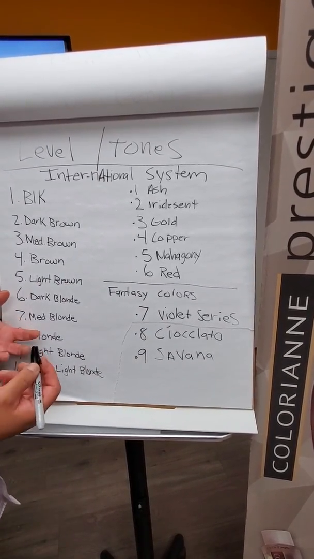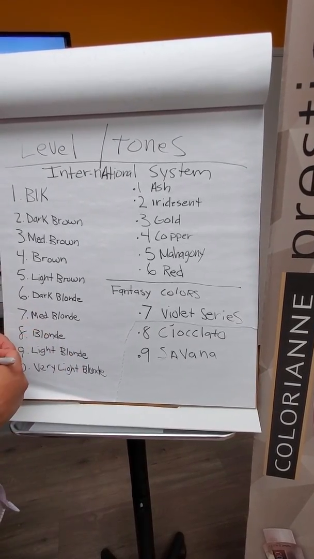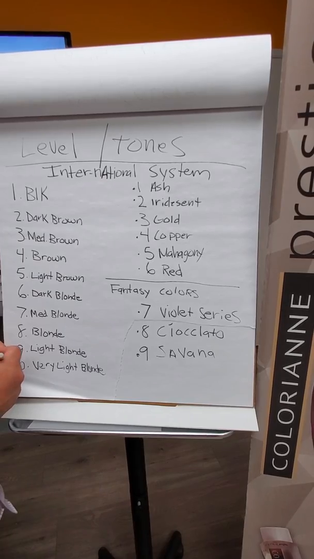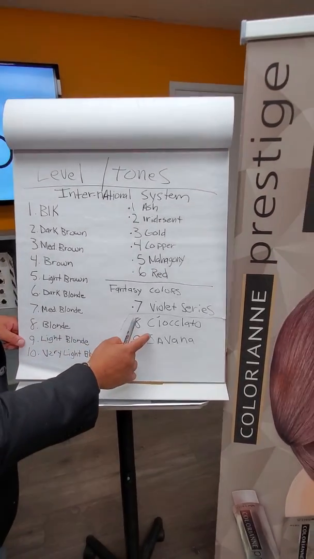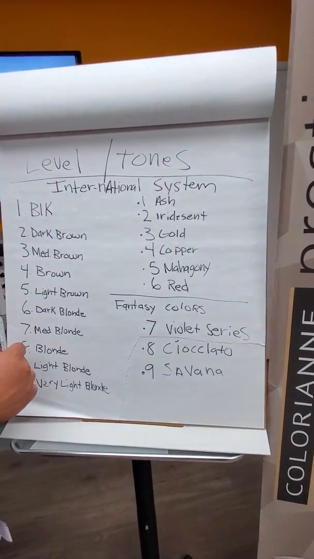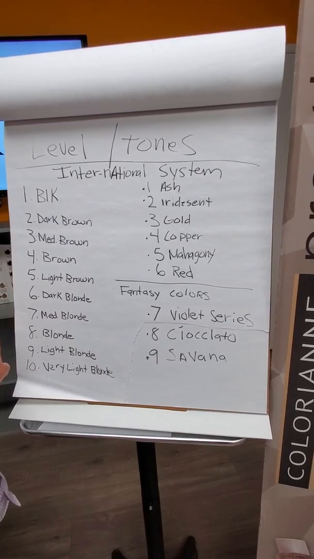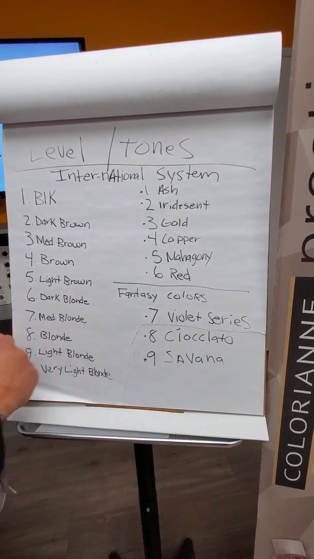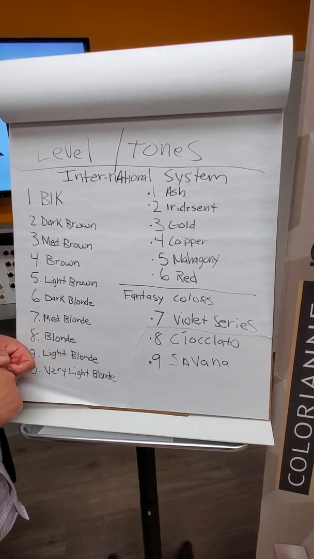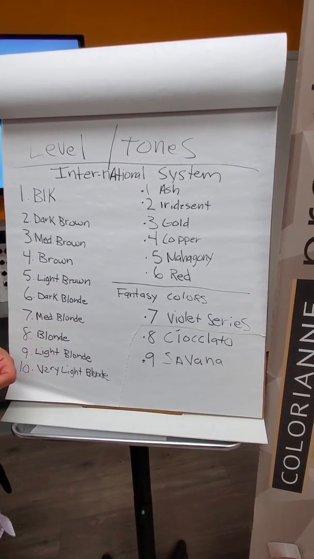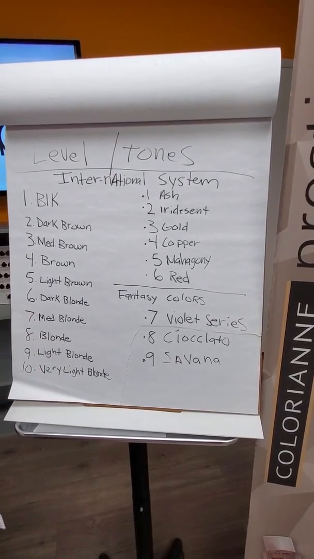It's our representation, our definition, our version of violets. You need not mix it with any colors. Our Cioccolato, yes, chocolate, is our 0.8. And our Savannah is our 0.9. And the Savannah color is kind of like a desert sand color. You will enjoy it. This is the International System.